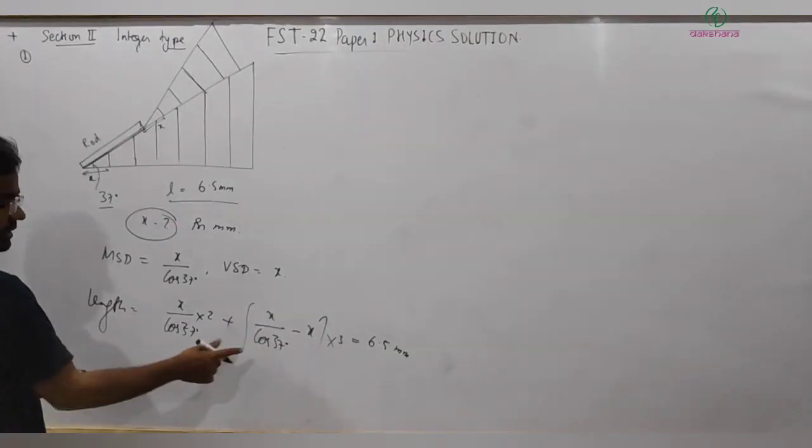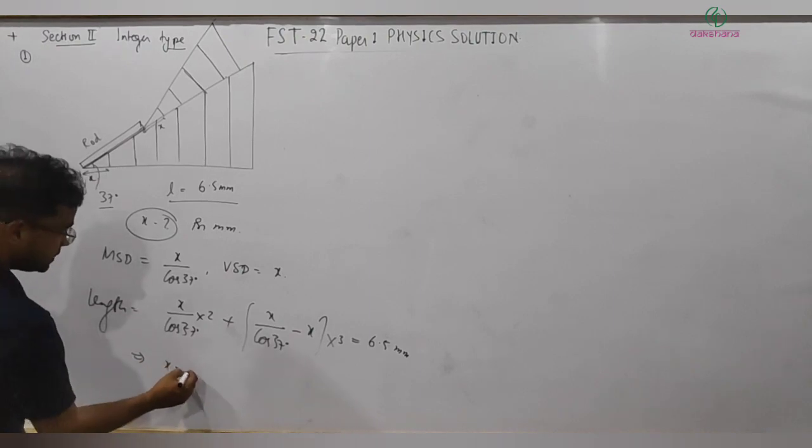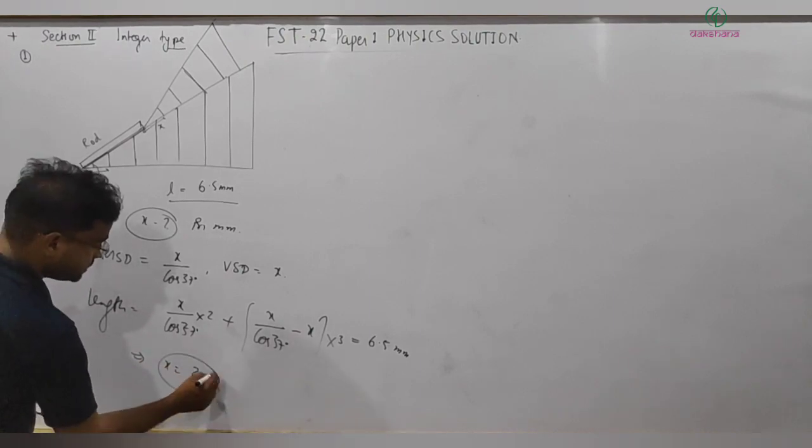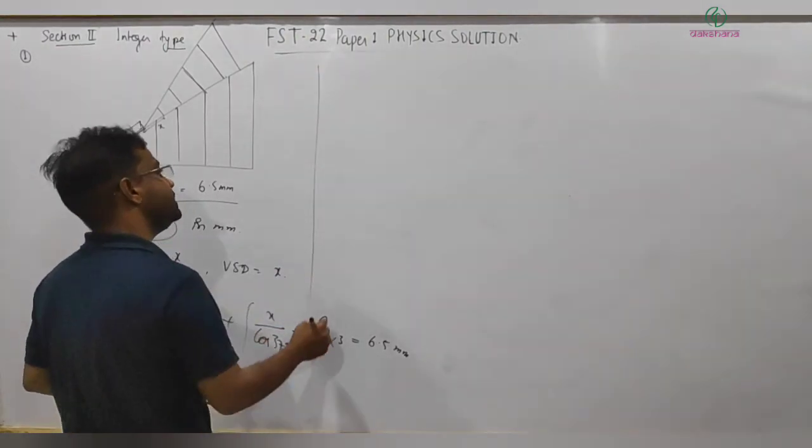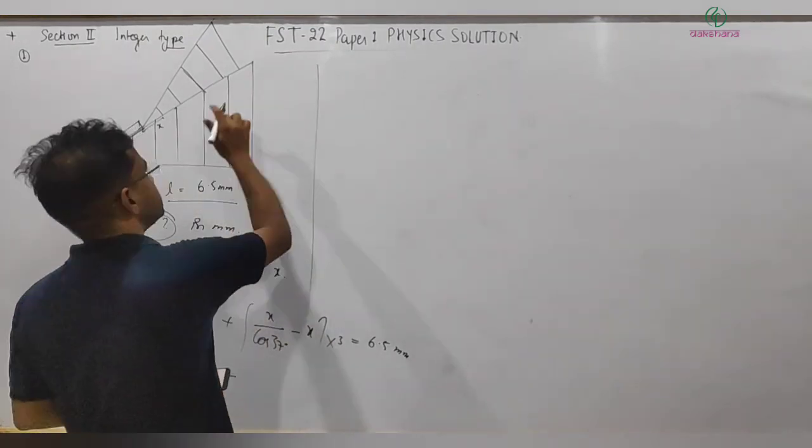Simplifying, because we know everything, just solving for x, we get x is equal to 2 mm, and that is the answer. So this is the value of division on both triangles.